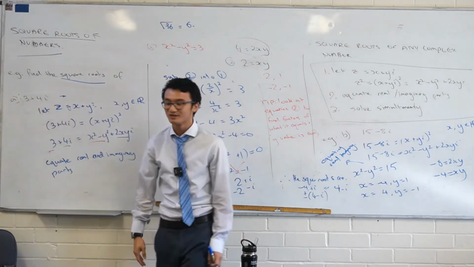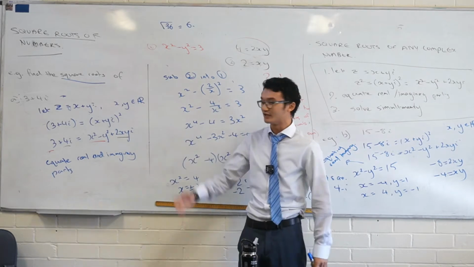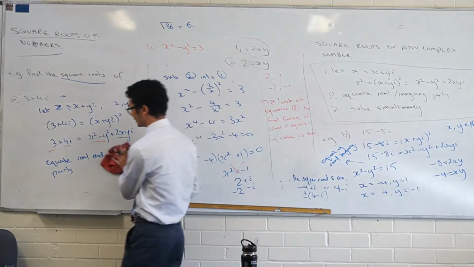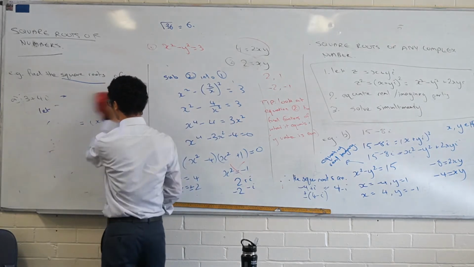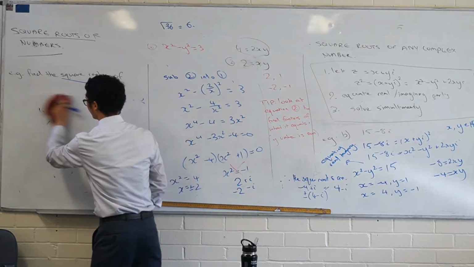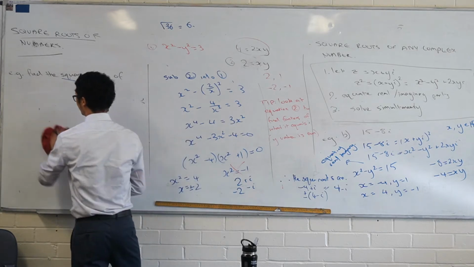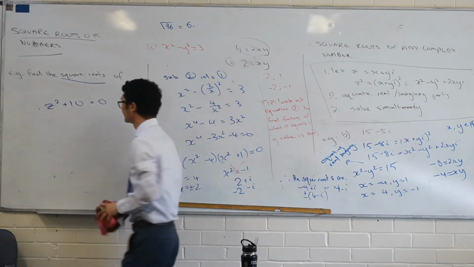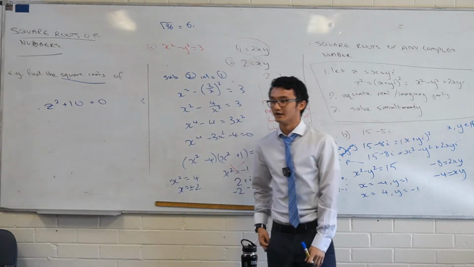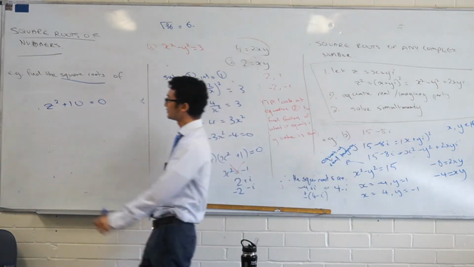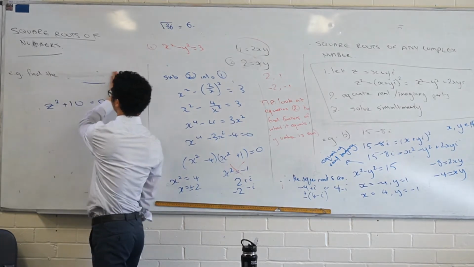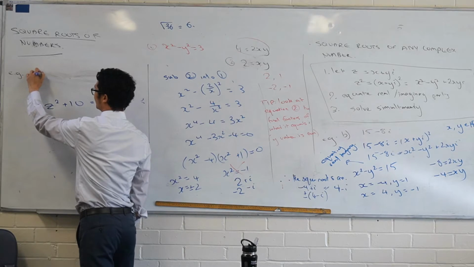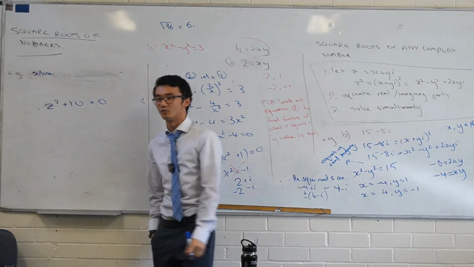Yeah? What this allows us to do now, though, is to solve equations, and we'll look at this next lesson, right? But we can solve equations like this now, right? We could solve, for example, something like this. Yeah? And I said the best way to solve something like this is to try and factorize in some way.